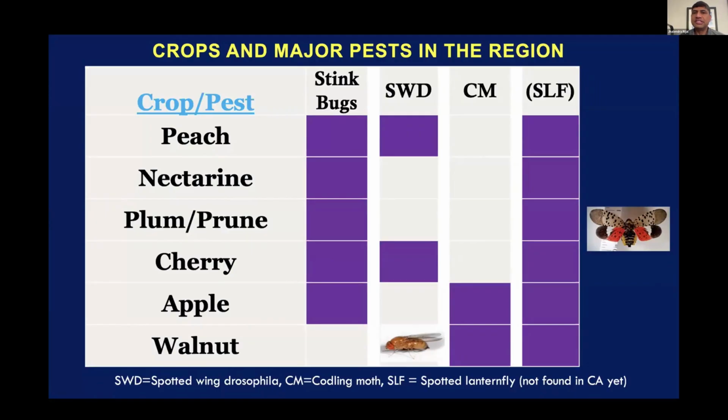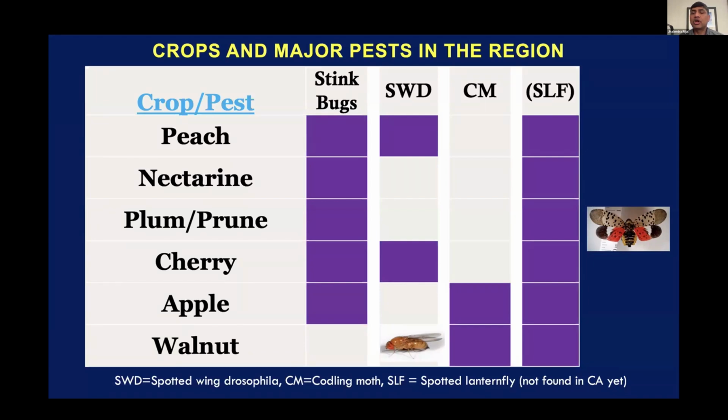It's an invasive species, but it's well established and can cause damage to a lot of berry crops as well as cherry. For those of us who have cherry orchards, that's a very prominent, destructive pest. The third one is codling moth, which is more important for walnut, apple, and pear orchards.